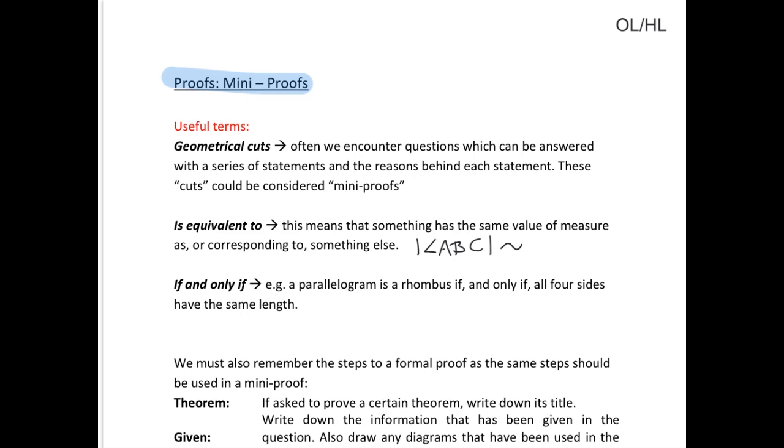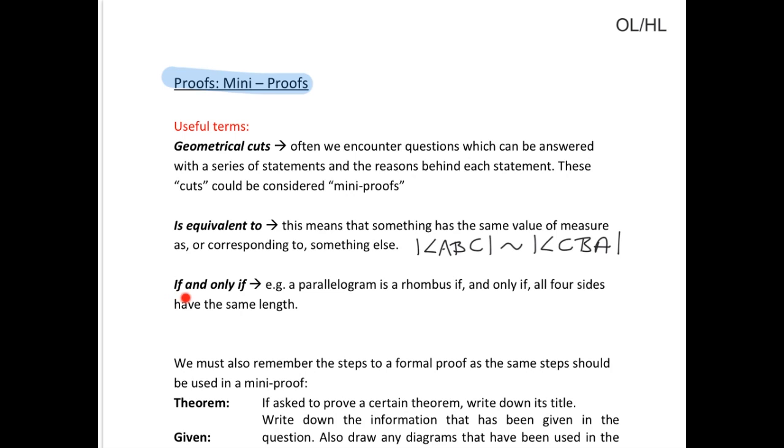So we can say that the angle ABC is equivalent to the angle CBA. While these two things here have slightly different forms, they measure the exact same value, the angle at the vertex B.